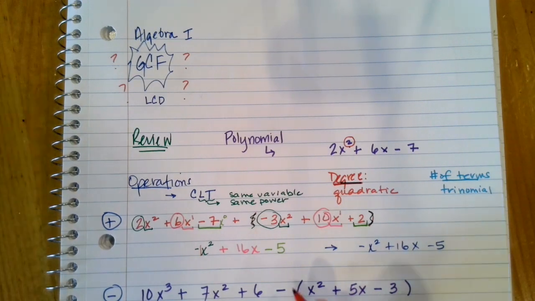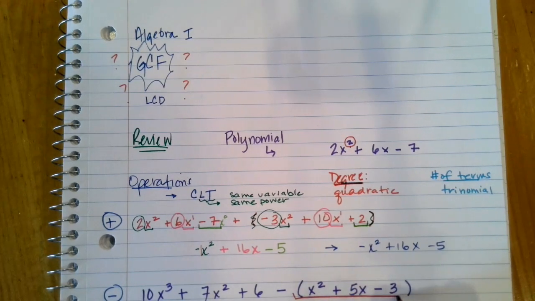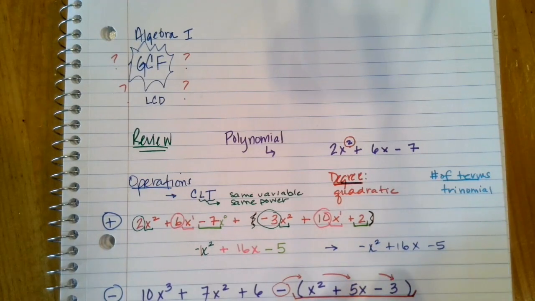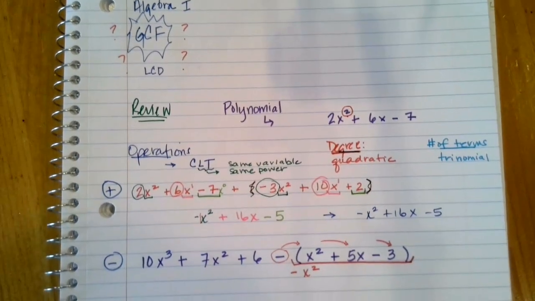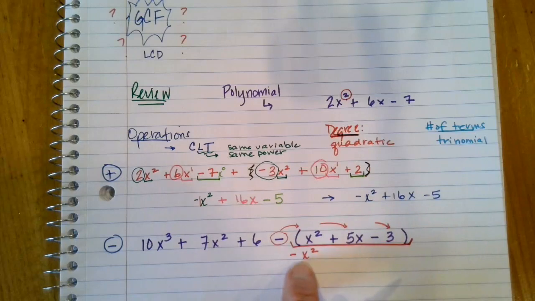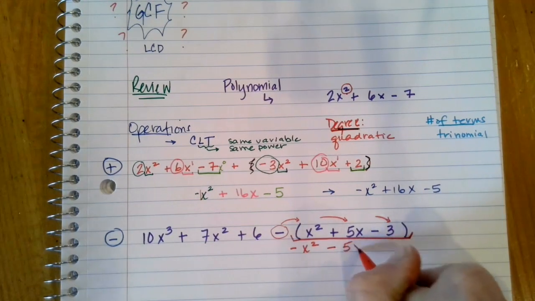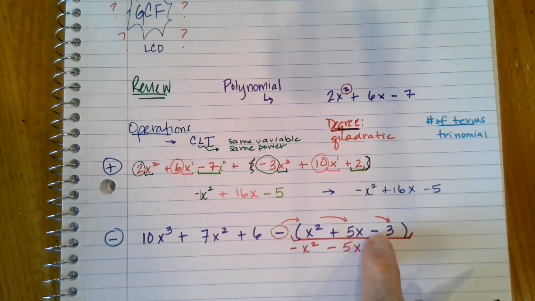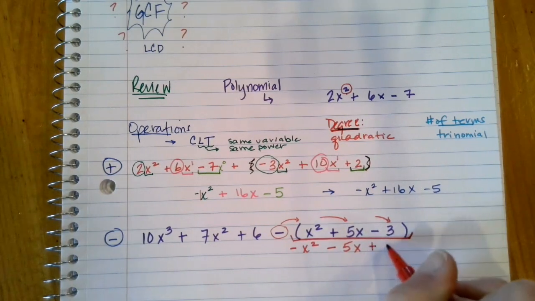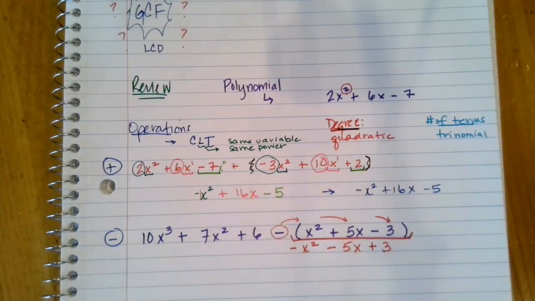Because I'm taking this entire expression away, I want to make sure that this negative sign lets me subtract each of these terms. The easiest thing to do is to rewrite each term in this second part as my subtraction. So I'm taking away an x squared, I'm taking away a 5x, and I'm taking away a negative 3, which is going to make that a positive 3.